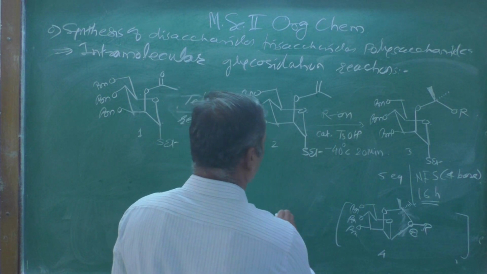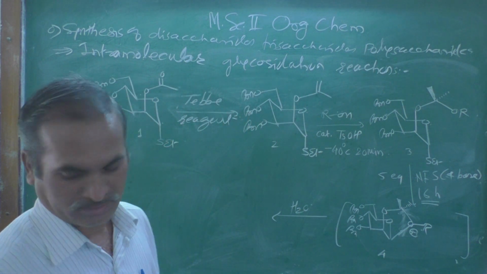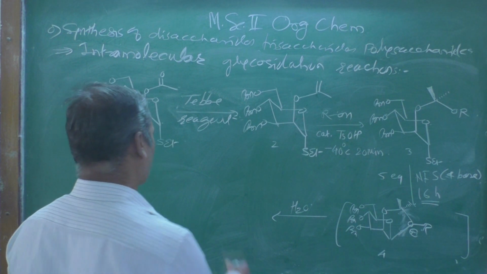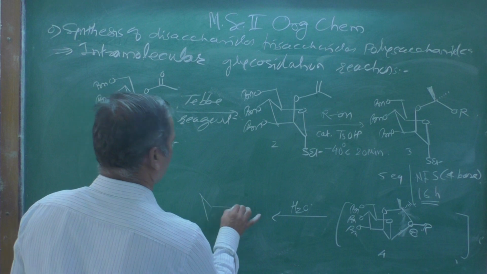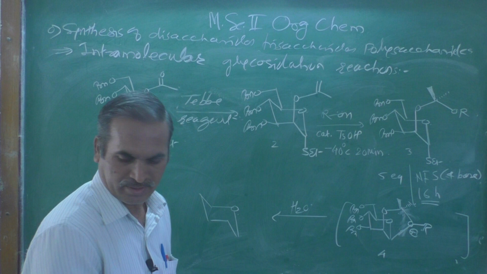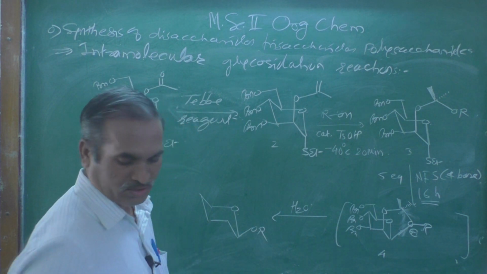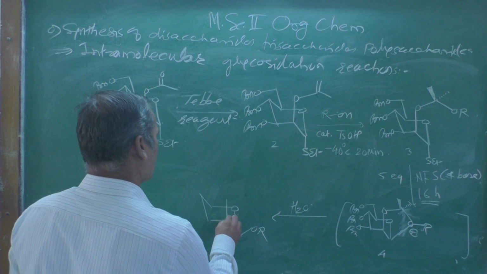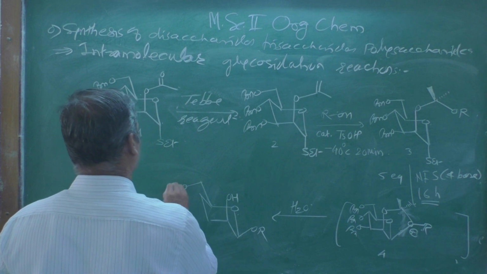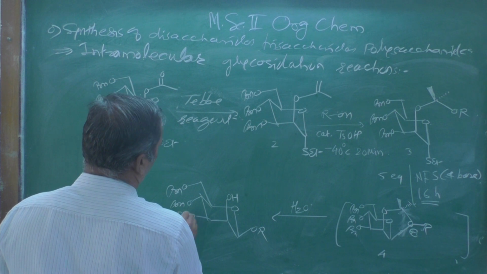After adding water, in the work-up, the resulting compound obtained will be structure number 5. At the equatorial position there is an OR, the glycoside is obtained here, and here the OH is free, and the other protecting groups are written as they are.